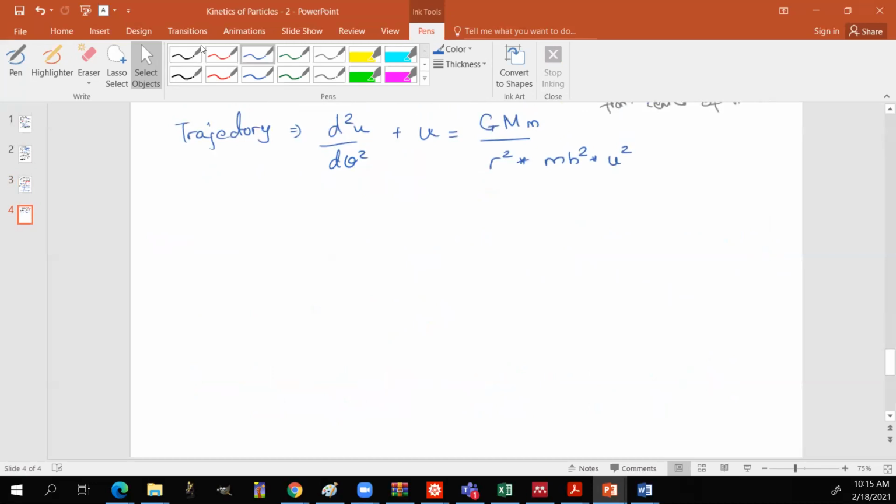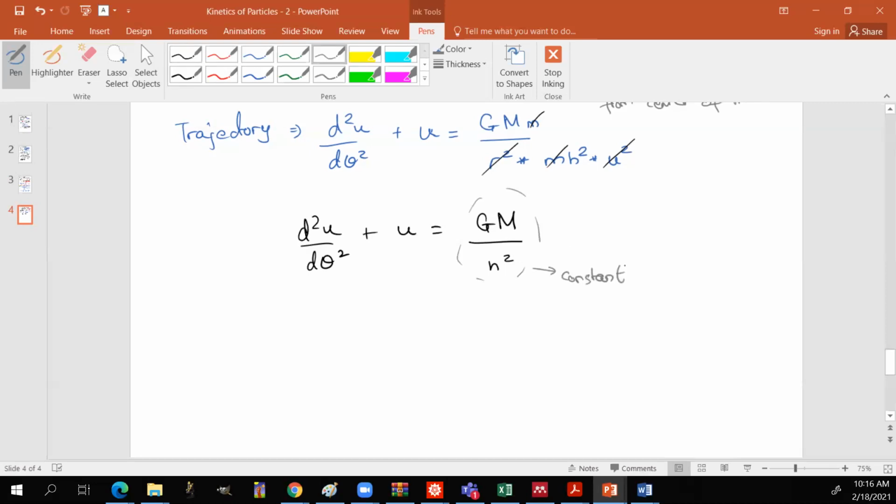The mass cancels, and the expression you end up with is d squared u over d theta squared plus u is equal to GM over h squared. This term on the right-hand side, we know for a central force is a constant. So you've taken the mass of the object completely out of your trajectory, and that's the interesting thing.